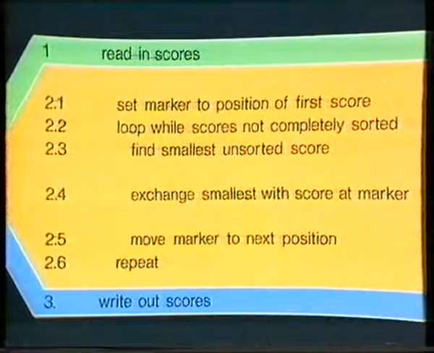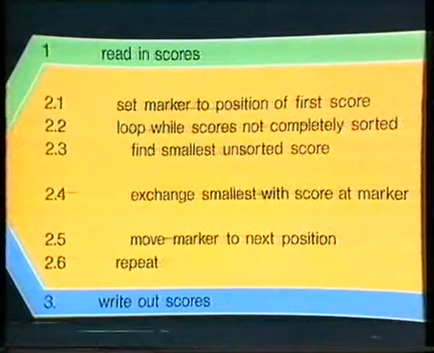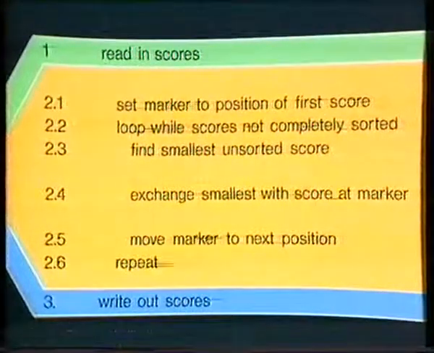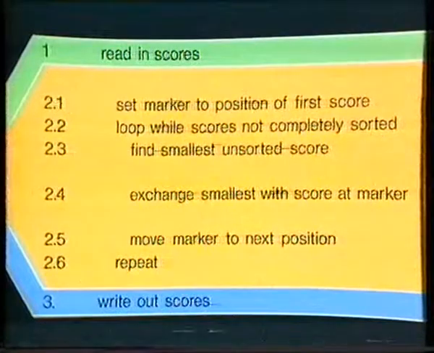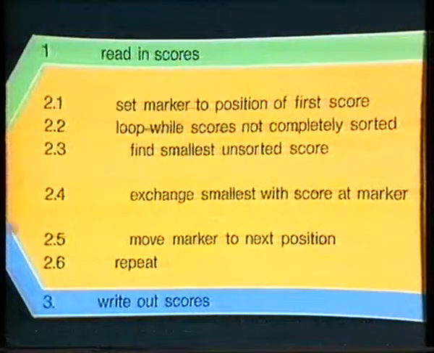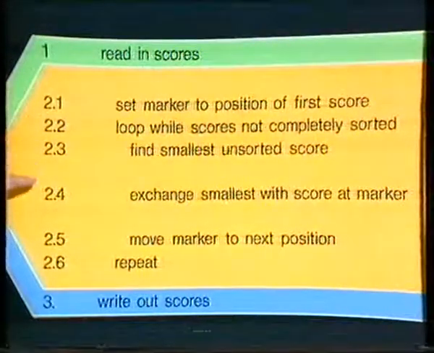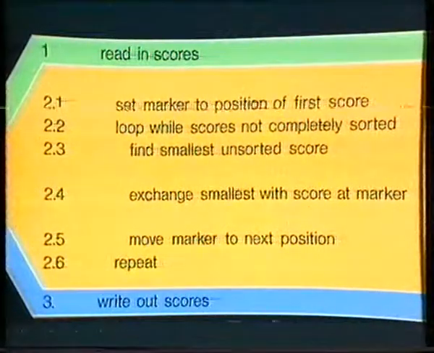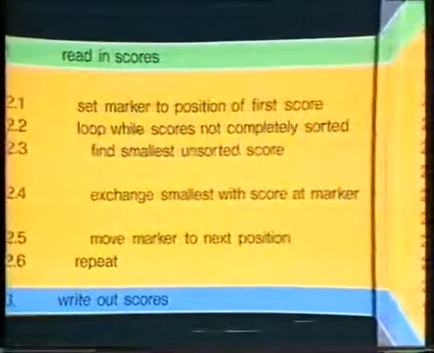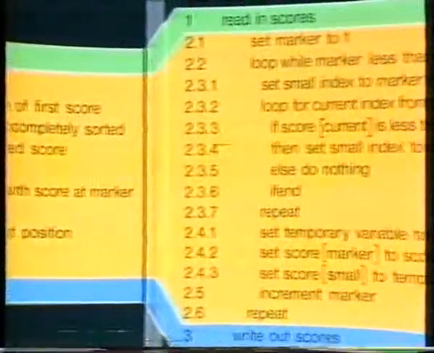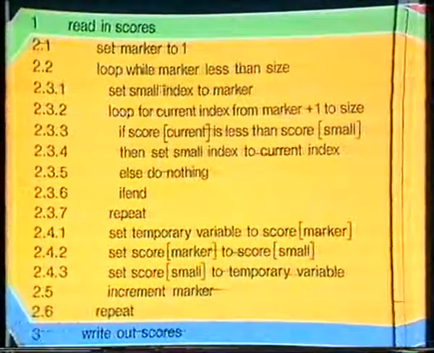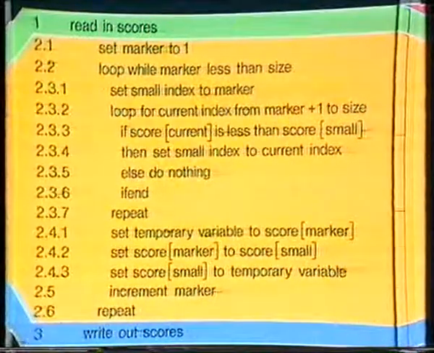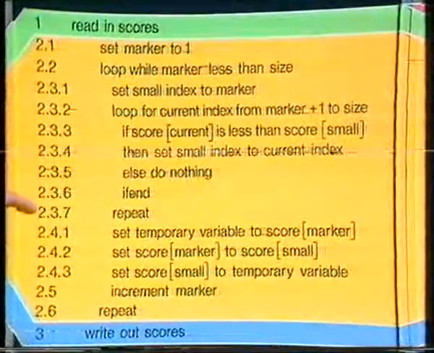And you keep on expanding until the steps are sufficiently detailed that you can express each step as a single Pascal statement. Here, for example, steps 2.3 and 2.4 aren't sufficiently detailed. So we expand each of them again. The single step, 2.3, becomes these 7 steps.